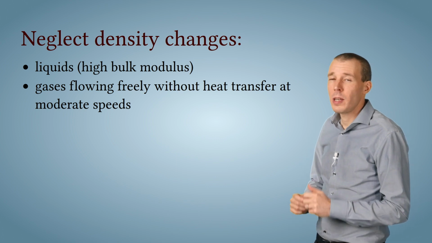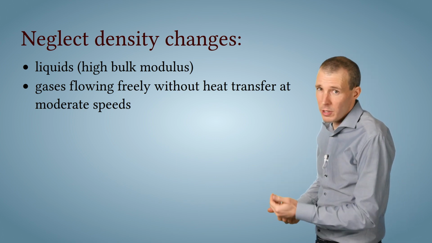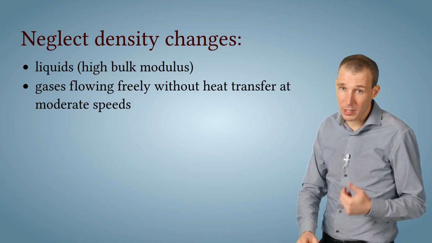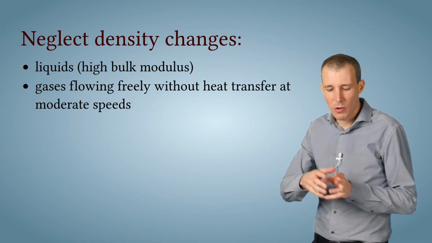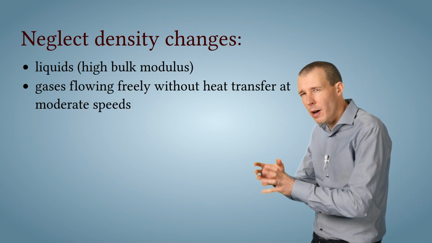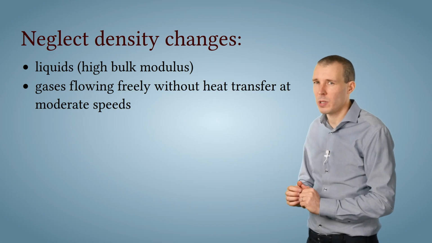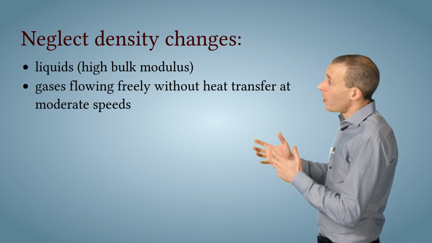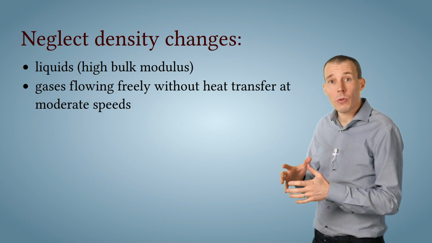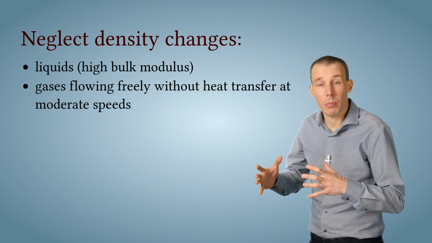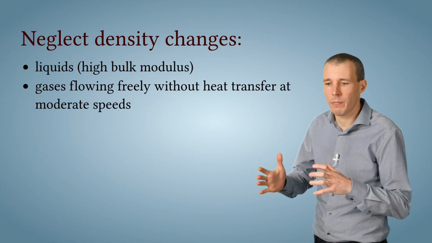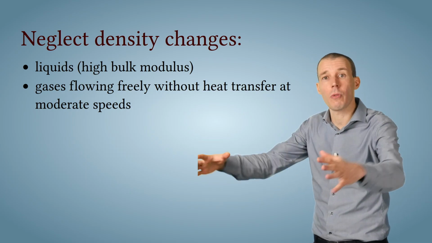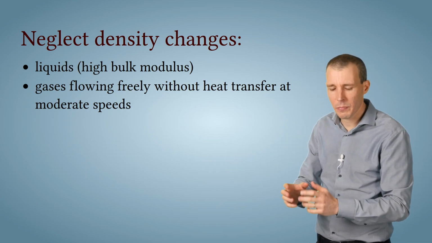Second condition is gases, but in a few conditions. Now we're going to read this condition slowly. It's a lot to unpack. Gases flowing freely without heat transfer at moderate speeds. Flowing freely means the gas is not constrained and put in a box, like for example, say a cylinder with a piston compressing it. It's always free to escape and move around or inside the object.